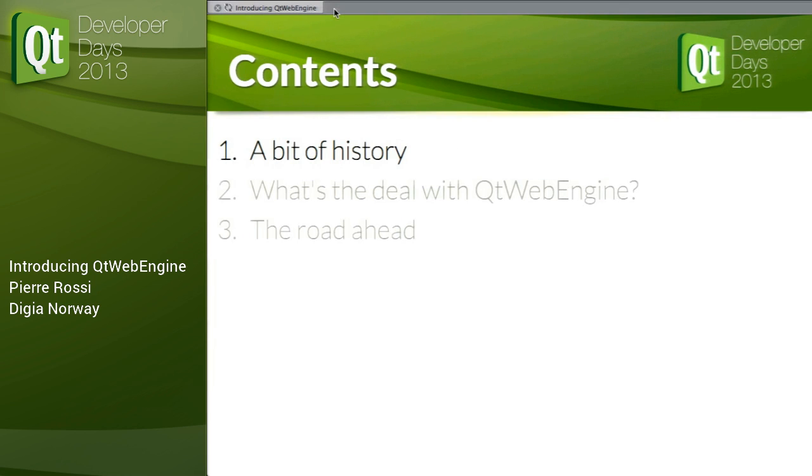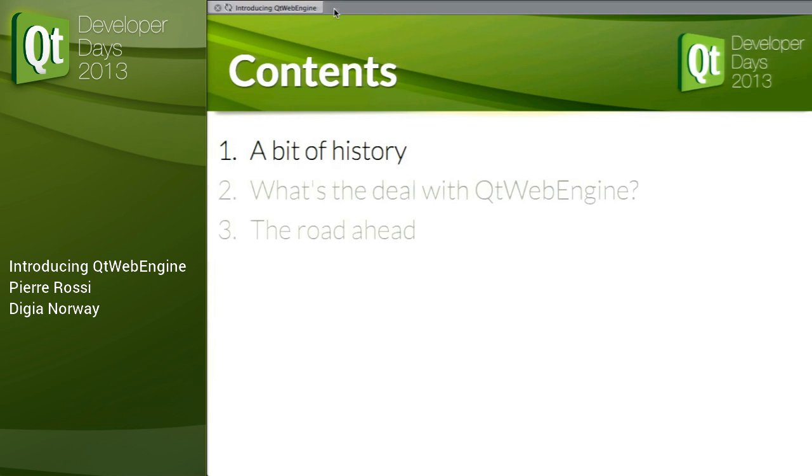So how is that going to unfold? I can't really talk about Qt WebEngine without talking about where we come from. So there will be a bit of a historical introduction going over WebKit and the recent events, and why we are where we are today. Then I'll go over the how and where and everything about how the pieces fit together in Qt WebEngine, how we're building it, so you have an idea how it works.